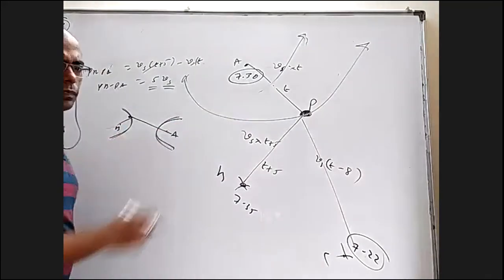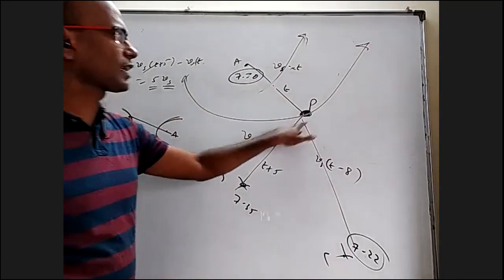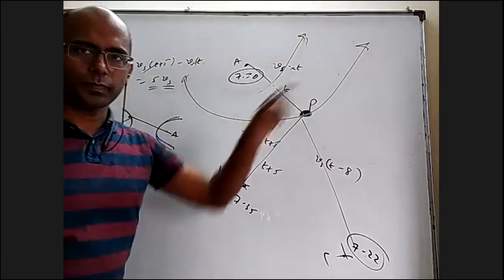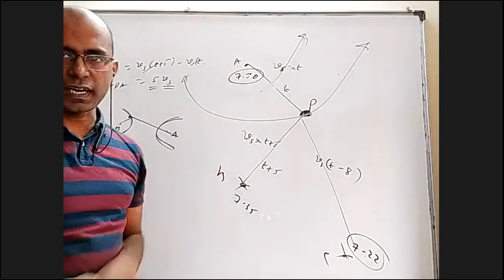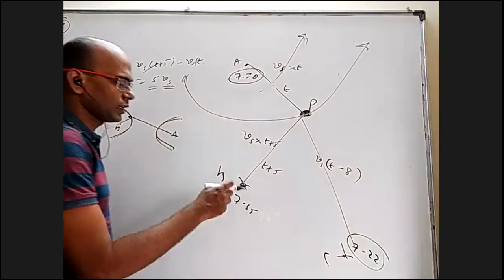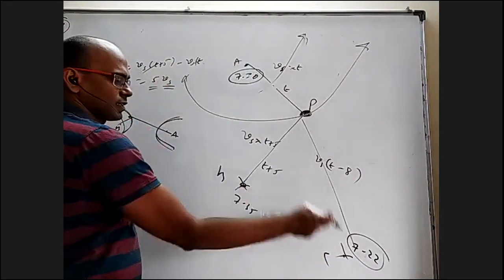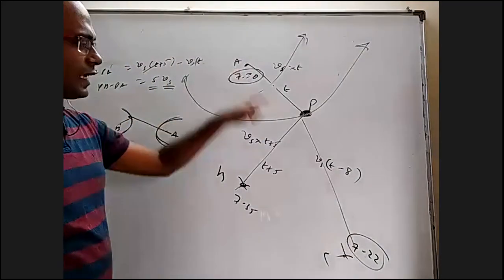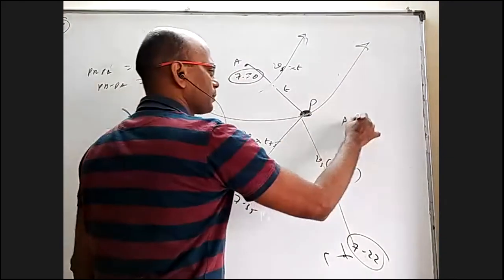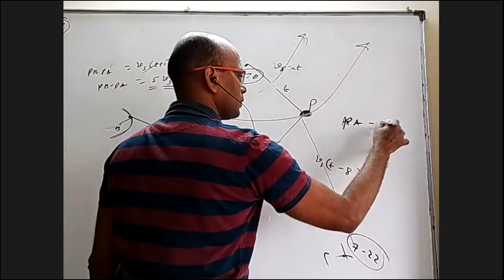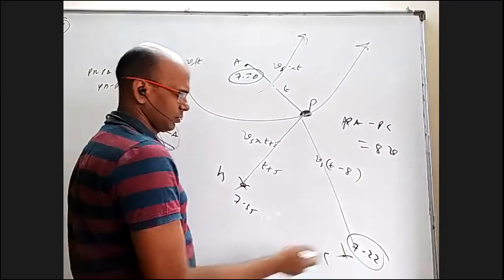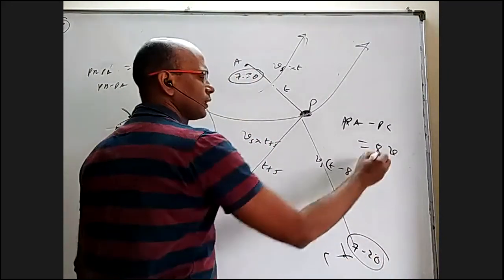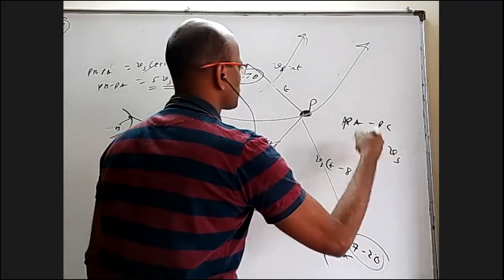They know that the bomb blast might have taken place anywhere on this hyperbola. Am I right? So they cannot detect exactly where it is. But let us look at this and this, or even this and this. When you take PA minus PC, that will be, maybe let us take 10 times the velocity of sound or something like that.